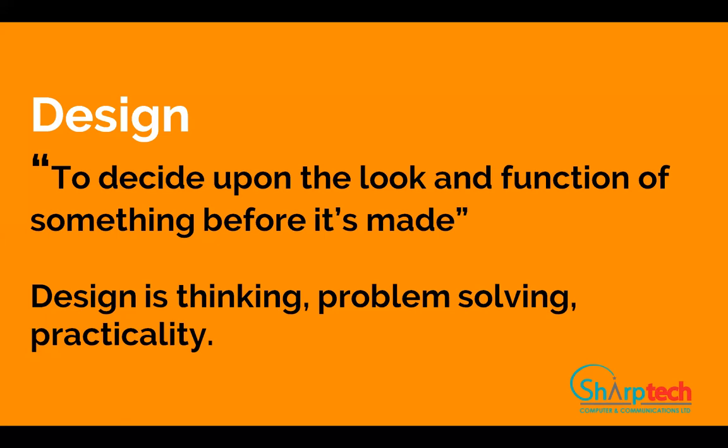We said design is to decide upon the look and the function of something before it is made. Design is done through thinking, and the thinking helps you come up with a solution to a problem. And it is done practically.